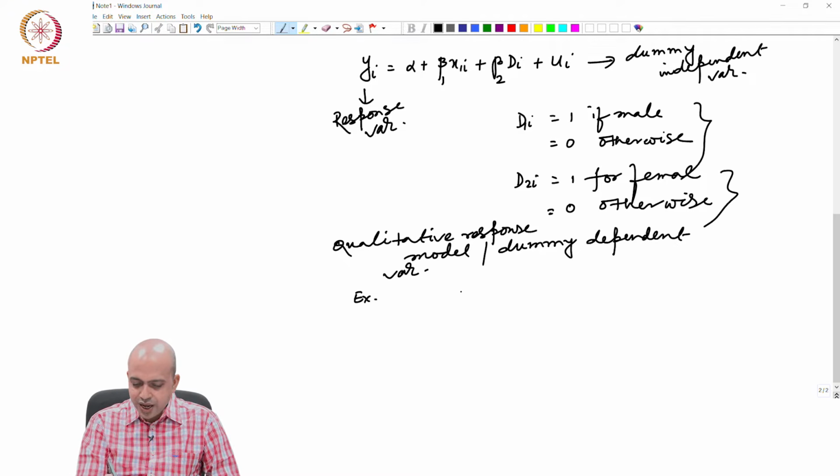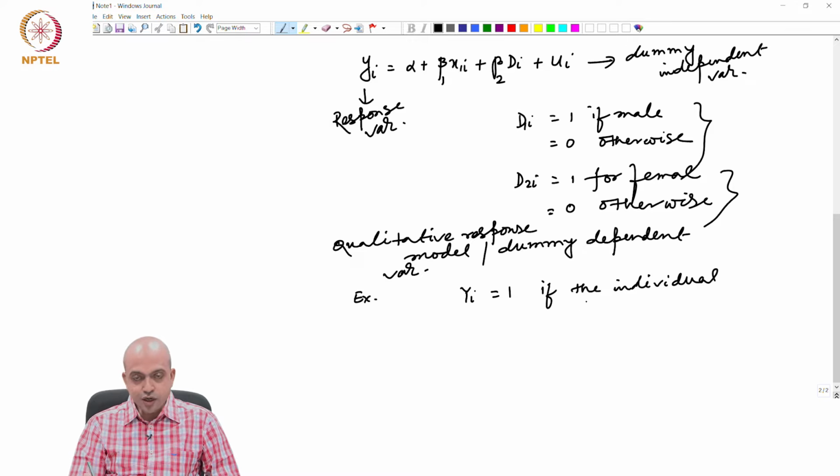So, that means yi equals 1 if the individual has own house, 0 otherwise.